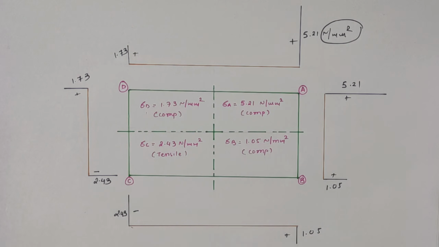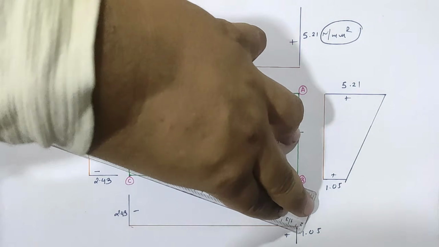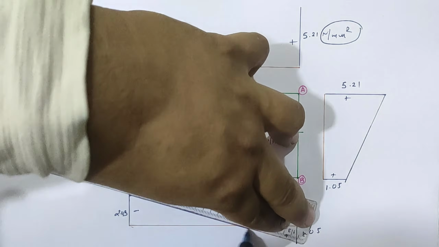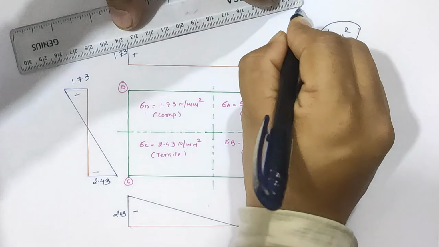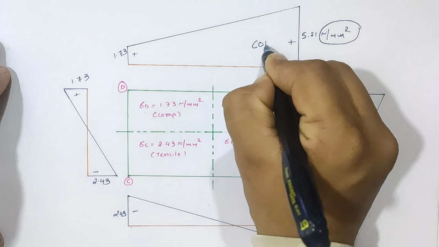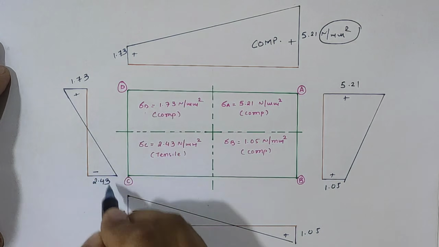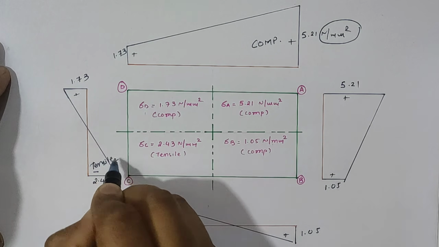Now all the points are connected by inclined lines, where a positive value indicates compressive stress while a negative value indicates tensile stress.